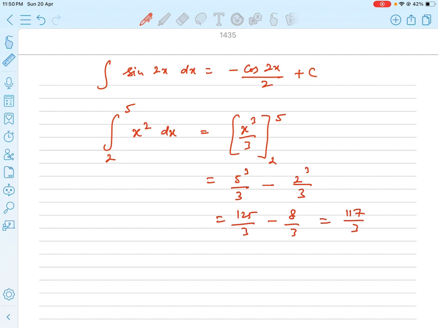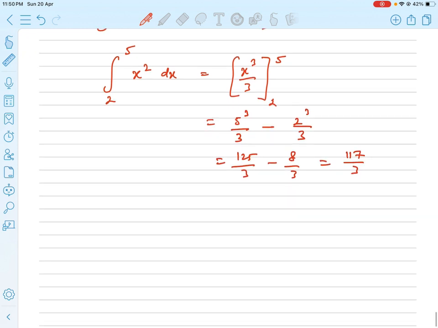So whenever we have indefinite integration, we put c. If there is no limits mentioned, or you can say whenever there is a question of definite integration where the limits are mentioned, then we don't have to put the value of c. Okay, we don't have to put c, right?